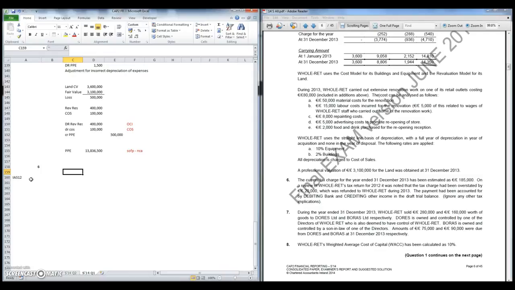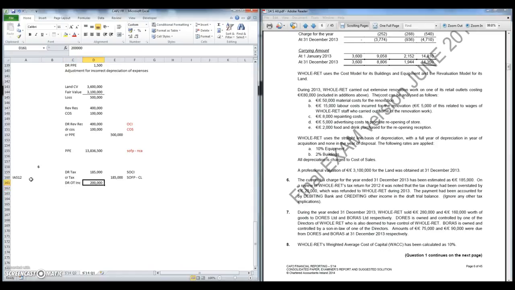So the tax charge for the year is debit tax of 185,000, and you will credit tax in the balance sheet of 185,000. So that is SOCI, that is SOFP, current liability. As well as that, you'll also have to debit other income, so shouldn't have the 20,000 there.